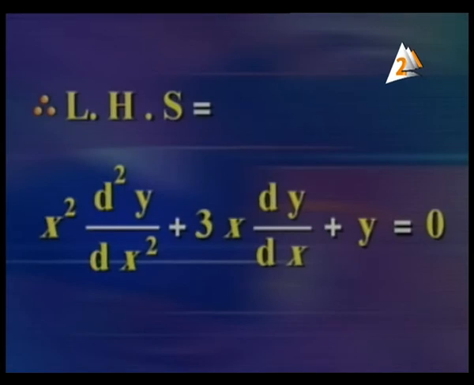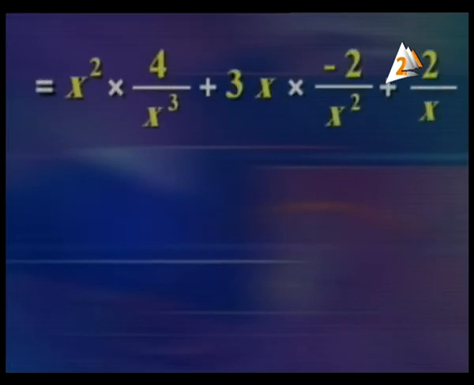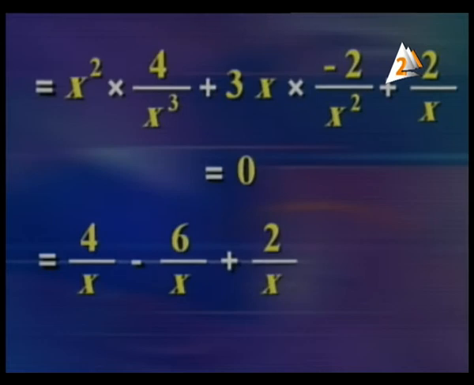By substitution of d²y/dx² and dy/dx, we find the left hand side equals 0. x² times 4/x³ plus 3x times -2/x² plus 2/x equals 0. Therefore, 4/x - 6/x + 2/x. Look at the denominator x: 4 - 6 = -2, plus 2, the answer equals 0. Then we prove that the left hand side equals 0.